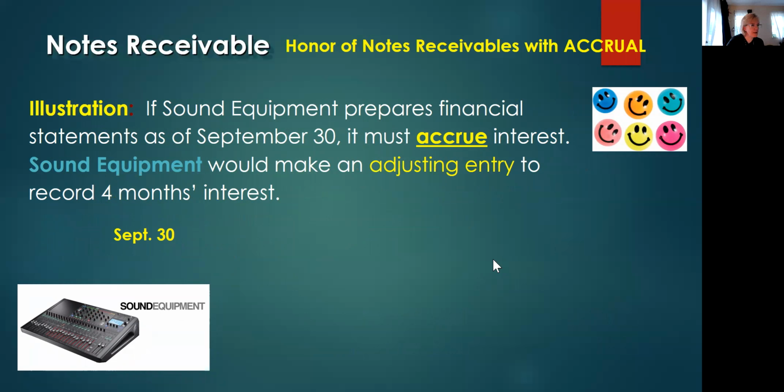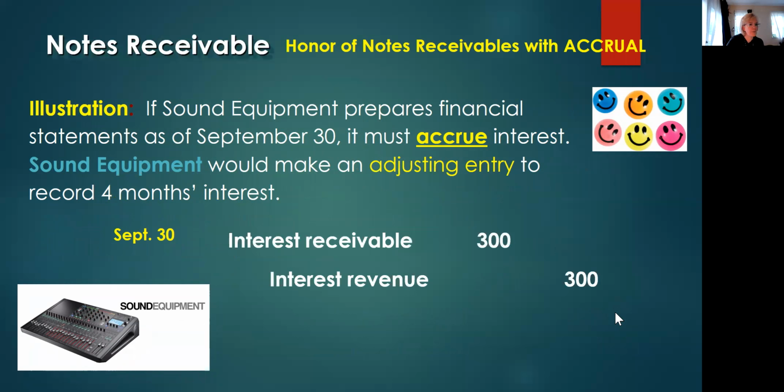So it's going to be $300. And we would book it as interest receivable, interest revenue. So log that in on page 28. This is if you issue financial statements before a note is due, you have to recognize the interest that your customer owes you.